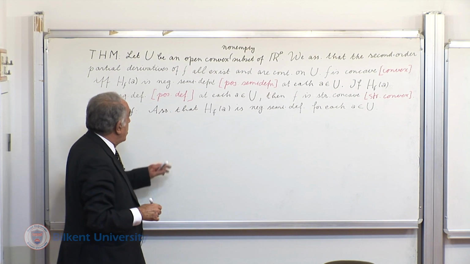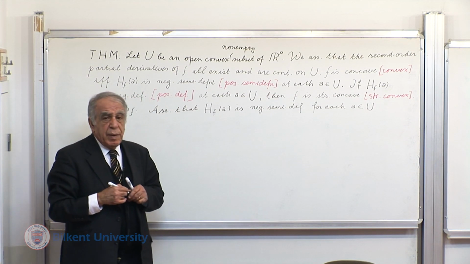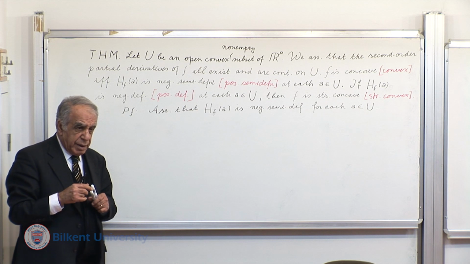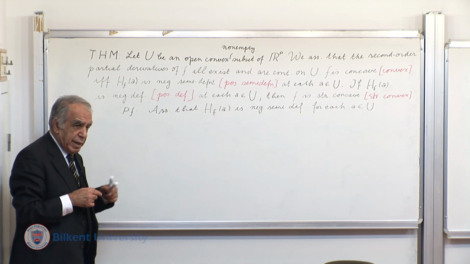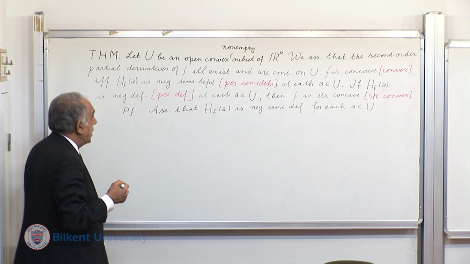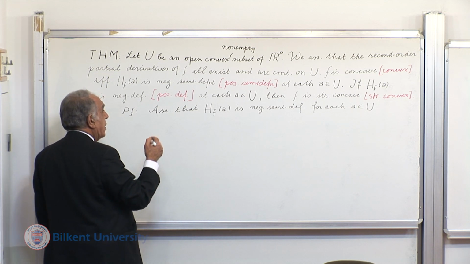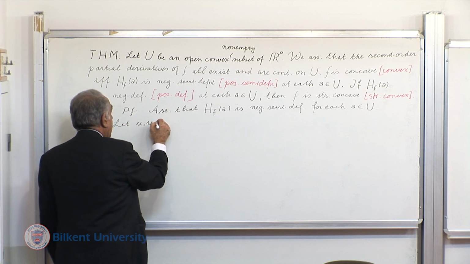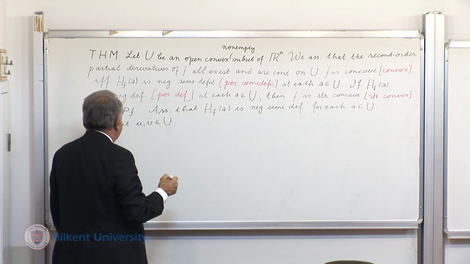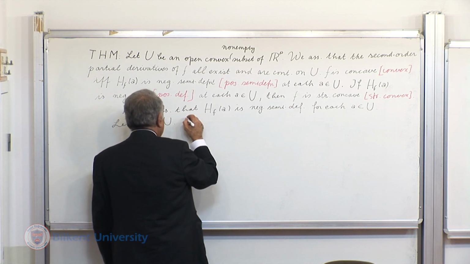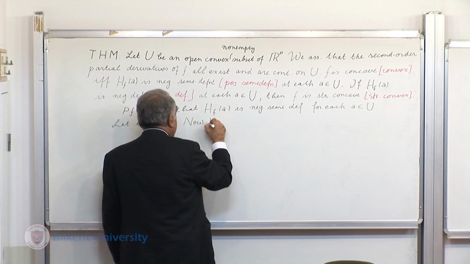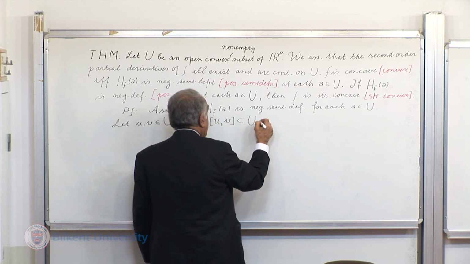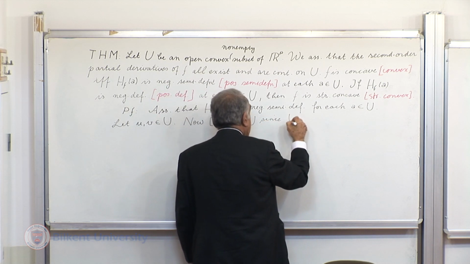Now, in showing that f is concave, we will use the characterization of concavity in terms of the first order, in terms of the first derivative of f. Now for that, let us first take any u, v in U. Well, since U is convex, this segment uv is in U since U is convex.